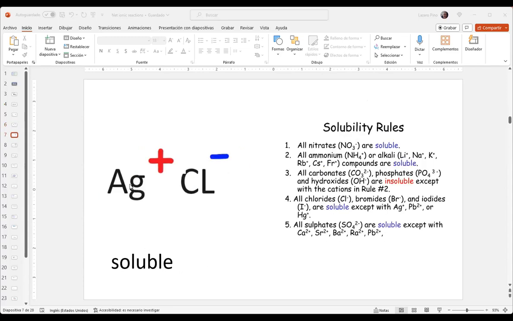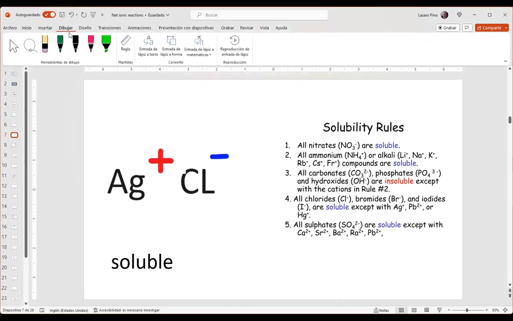Here we have silver and chloride. All chlorides are soluble except for, oh, look here, silver is here. So this compound is insoluble. Sorry, I put here soluble, but it is insoluble.